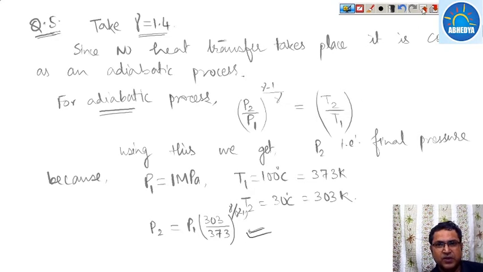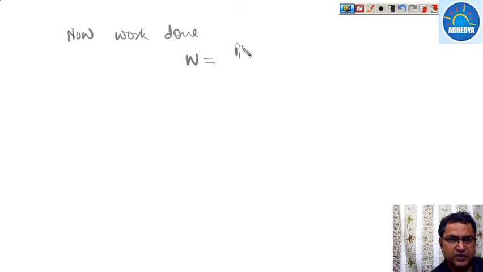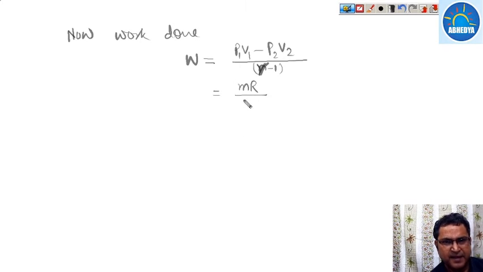Okay. Now work done, W is equal to P1 V1 minus P2 V2 upon n minus 1, that is mR upon gamma minus 1 into T2 minus T1.